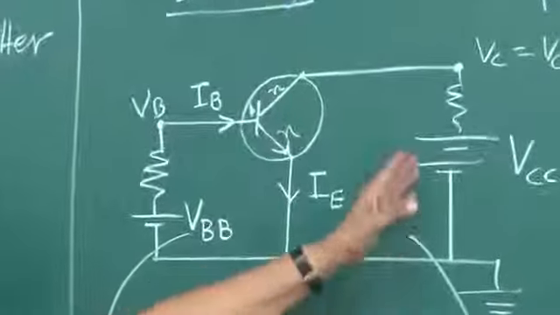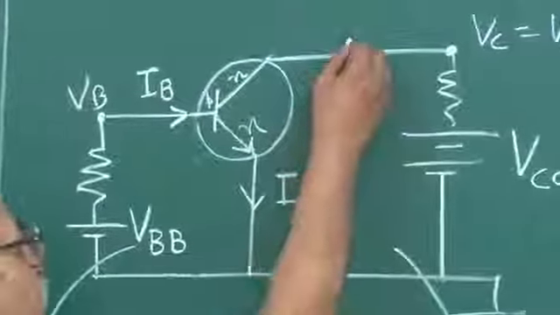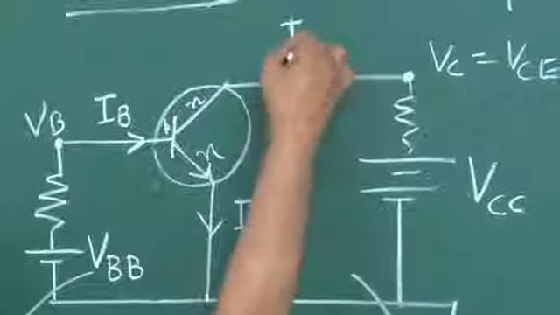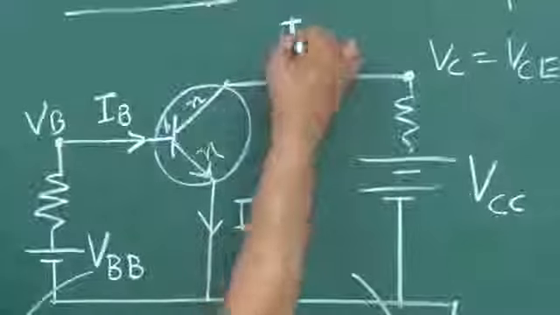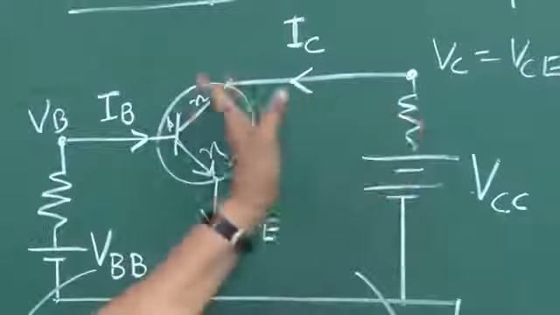And then any current that is here in the collector, that is written as IC, and the arrow mark is like this, this is IC. Okay, remember this is reverse biased, and then the current will be of this type.